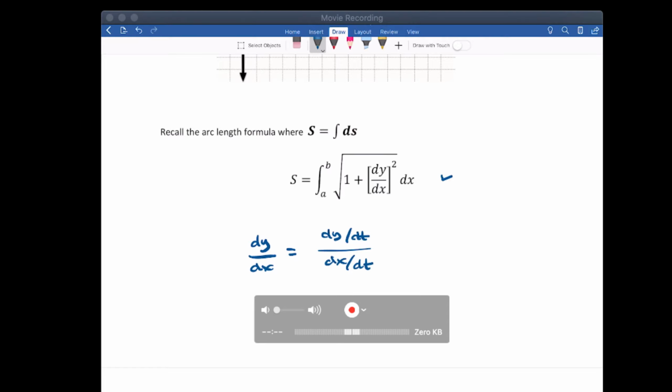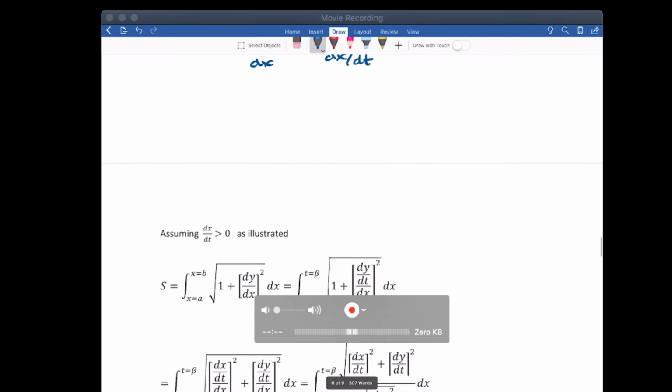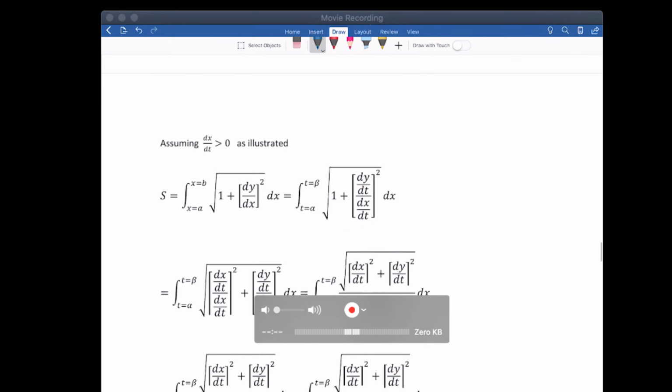We're going to use this formula right in here. We substitute x is A, t is alpha, x is B, t is beta. And now you substitute dy dx, that derivative I just wrote down, right in here.